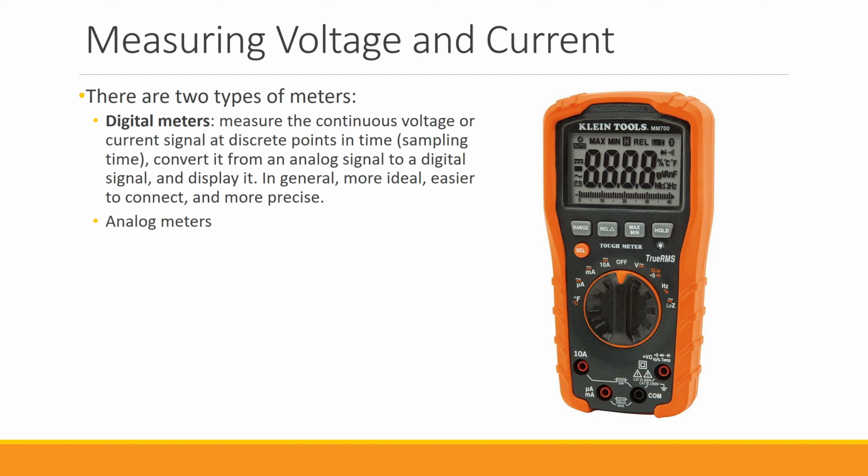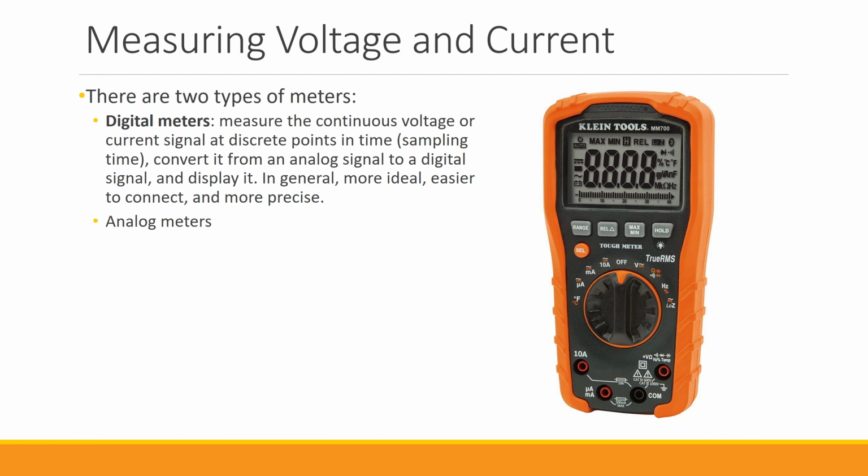But generally speaking, a digital meter measures the continuous voltage or current signal at discrete points in time. Basically, it samples the voltage or the current, converts it from an analog signal to a digital signal, and then displays it. In general, a digital meter is more ideal, easier to connect and more precise. And it is very common in practice nowadays.